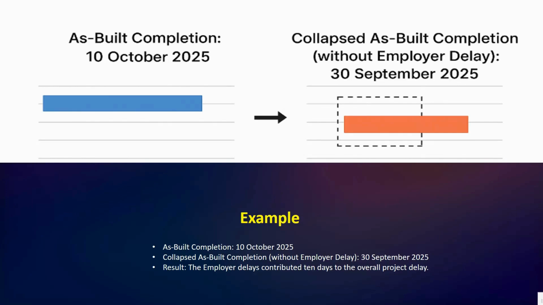After removing employer-related delays, the recalculated collapsed as-built completion becomes 30th September 2025. So this means the employer's actions caused a delay of 10 days to project completion. Such clarity makes this method powerful in forensic and contractual evaluations.